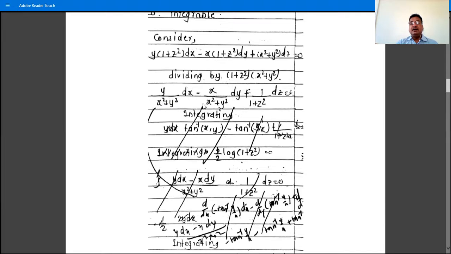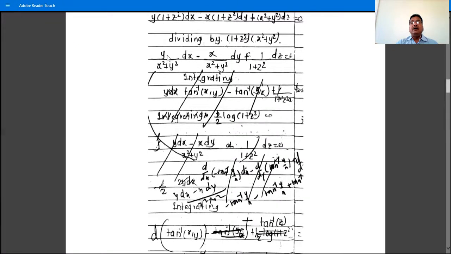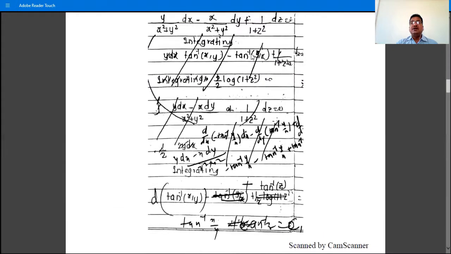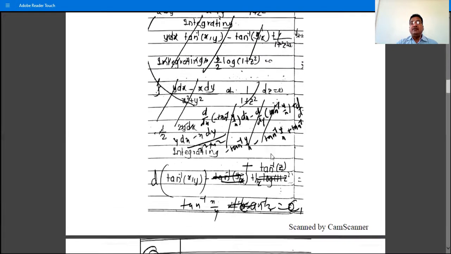And then if we take x² + y² as LCM, what do we have? y dx − x dy, its simplification. And this (y dx − x dy)/(x² + y²) is the derivative of tan⁻¹(x/y). If we find the derivative of tan⁻¹(x/y), then it is (y dx − x dy)/(x² + y²).